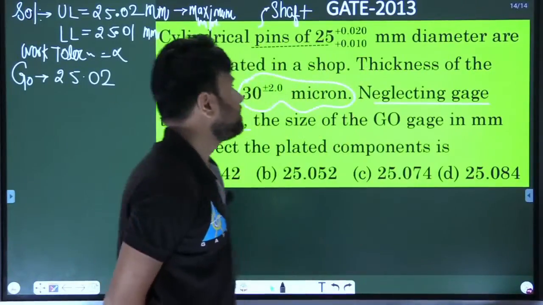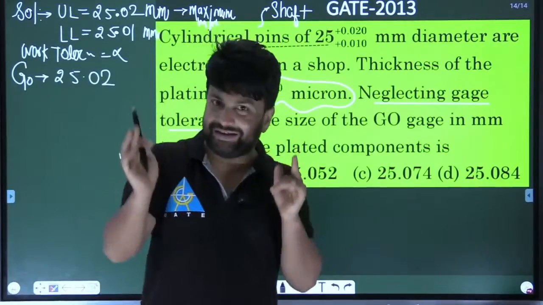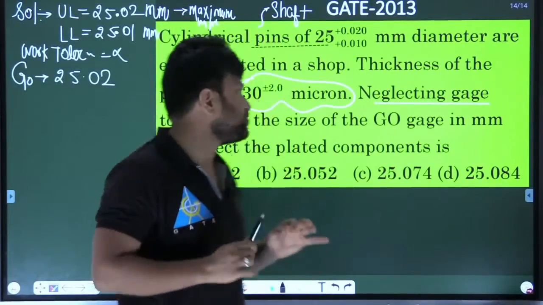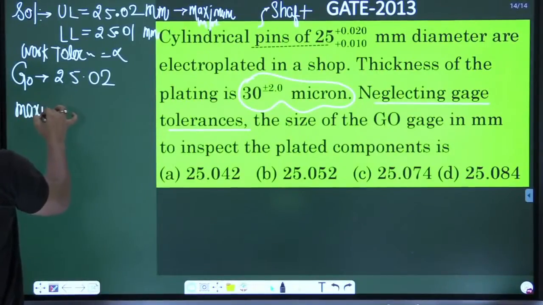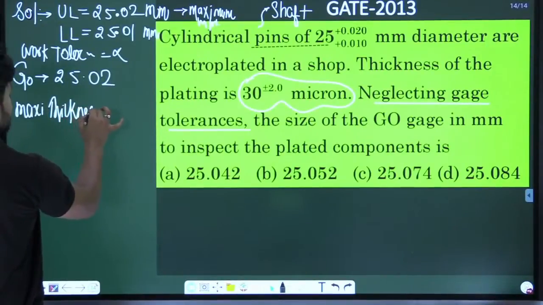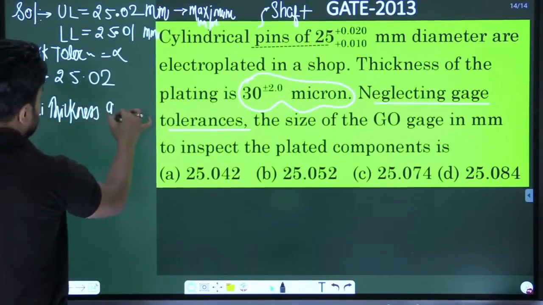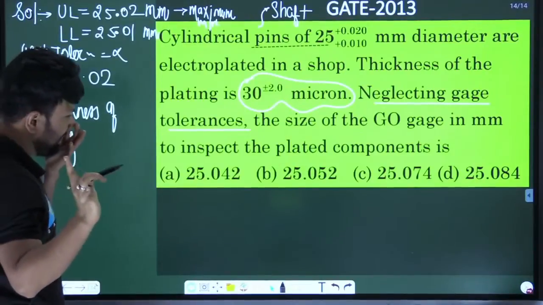The plating will happen on a shaft radially. So the maximum thickness of plating which is possible is 32 micron.